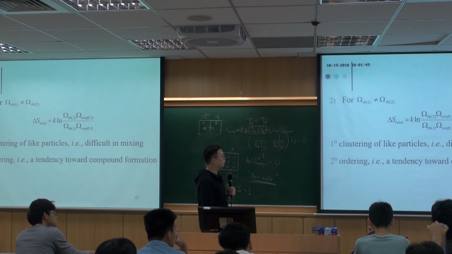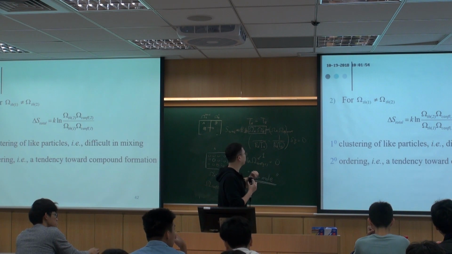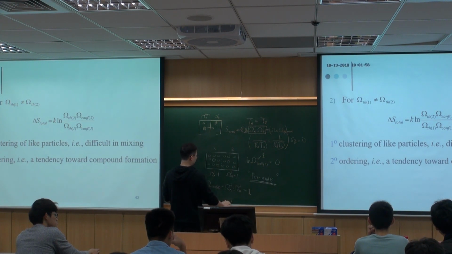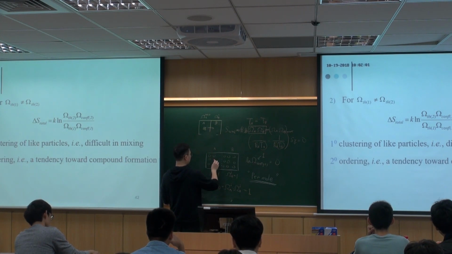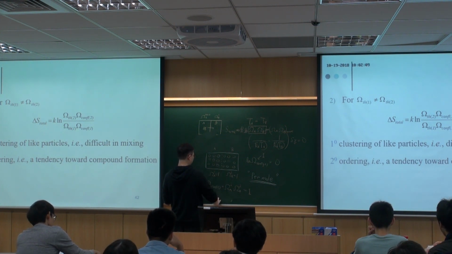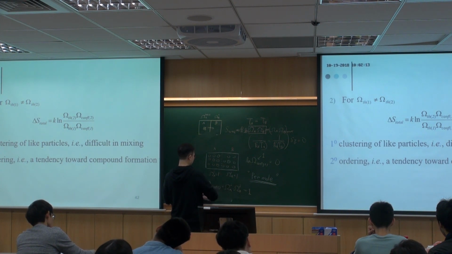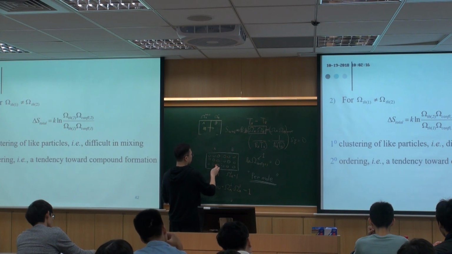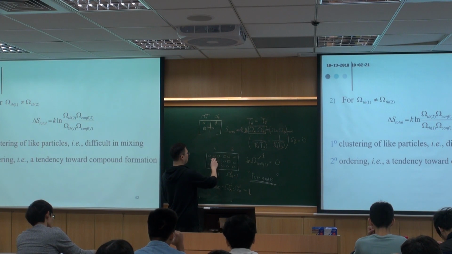So for instance, if you're dealing with a system where the particles tend to cluster together, let's say maybe only one particle over here can go through this barrier, and there are a lot of these orange particles.